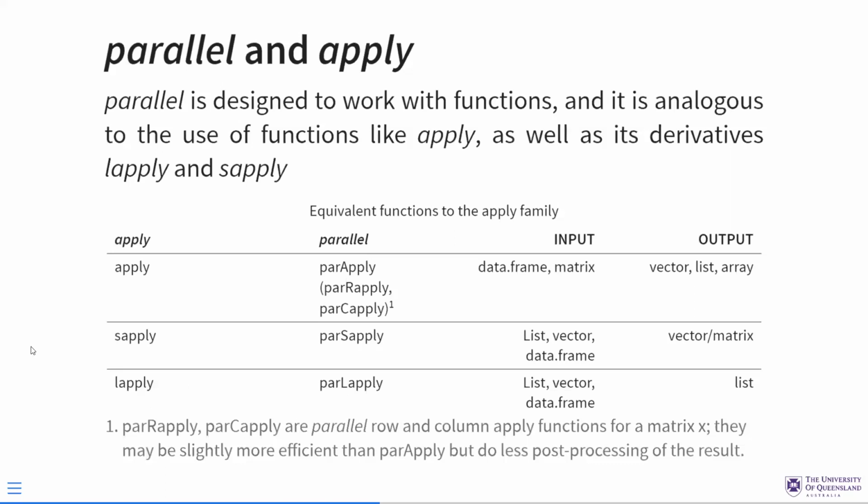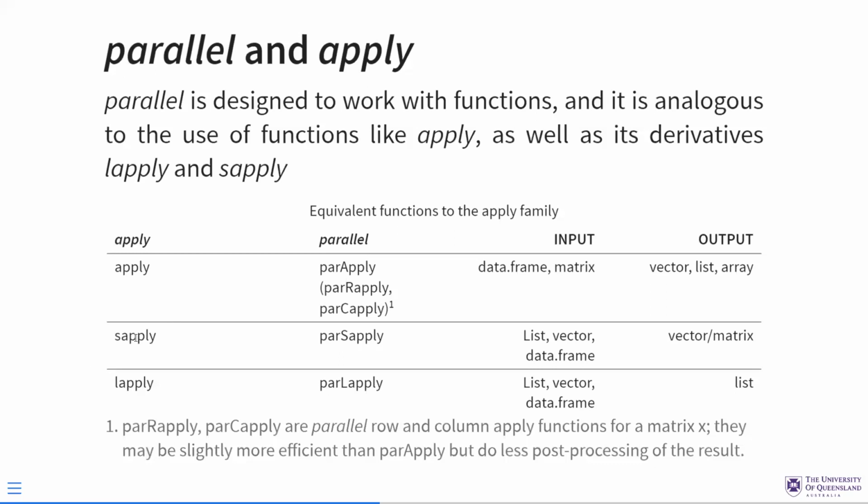So basically, here in this table, you have the equivalents of the apply function. For the normal apply, the input is a data frame or a matrix, and it will output a vector or a list or an array. You will use in parallel parApply. So basically it sends the function, and instead of putting apply, you just put parApply. It's quite simple.